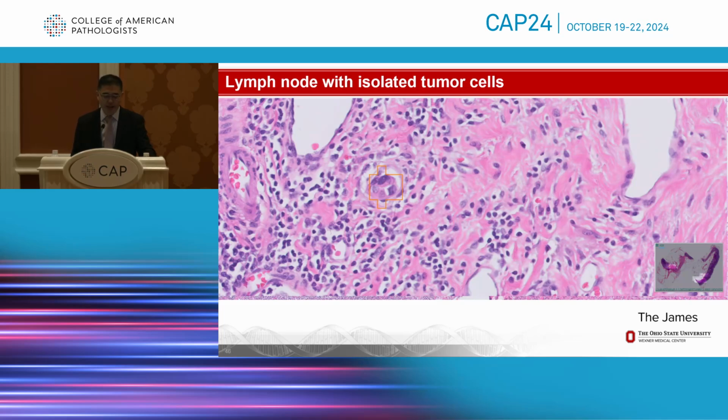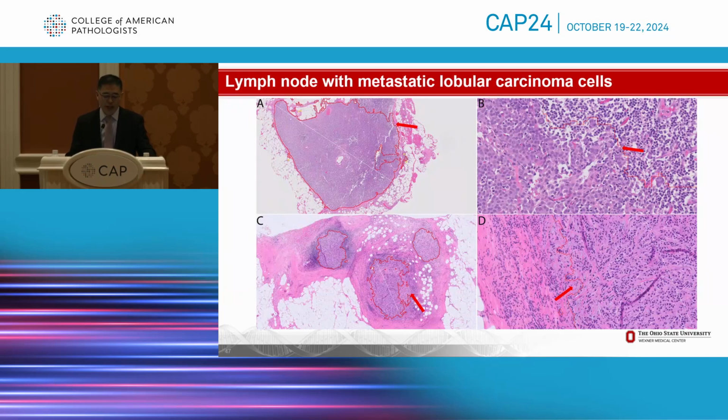So these tools can really help you to identify those. Here are examples from patients with invasive lobular carcinoma. The AI tool helps you to annotate the area of metastasis at low power in panel A. In B, you see the exact border of those metastatic tumors annotated by the AI tool. C and D as well.